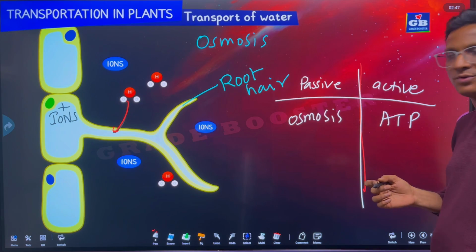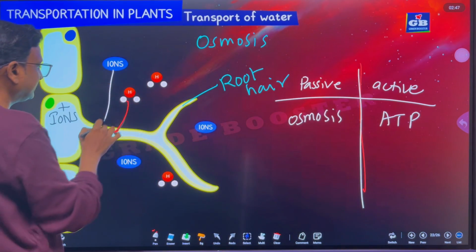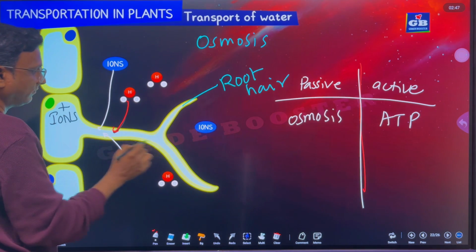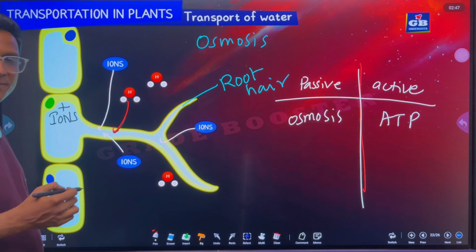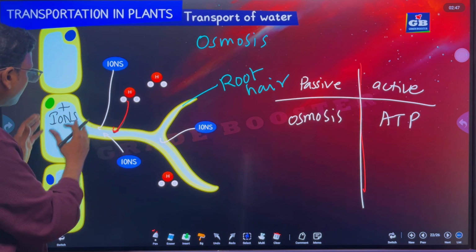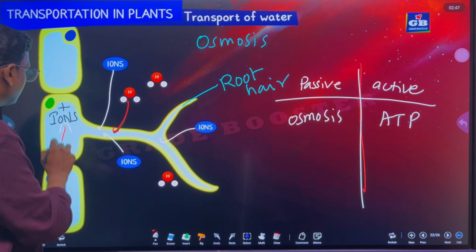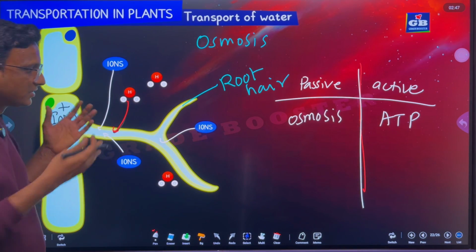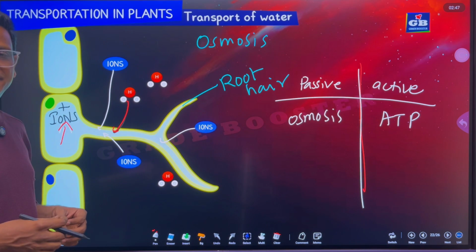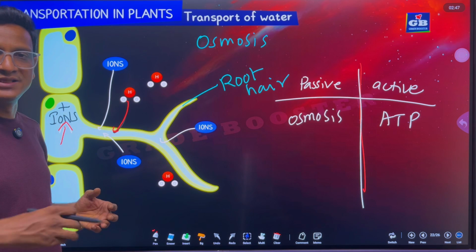That is active transport. The cell spends some ATP and takes in the ions present in the soil. First the cells take the ions, then the concentration of ions increases. Why does it increase? Because the plant cell is taking the ions inside, by active transport, by spending some ATP.